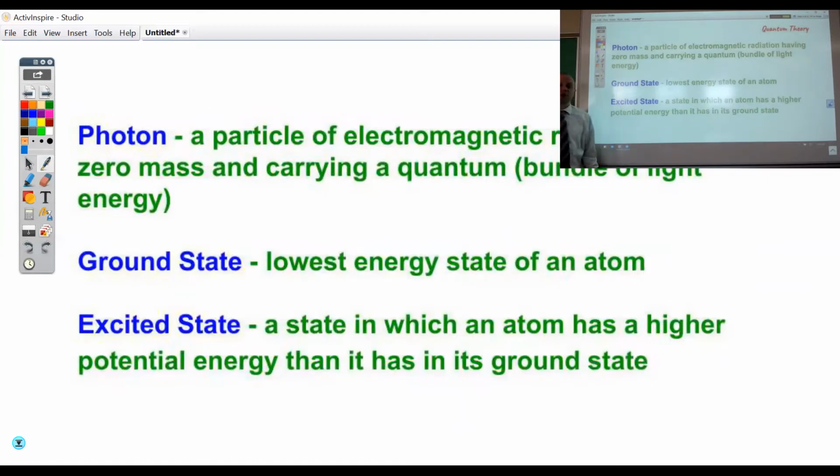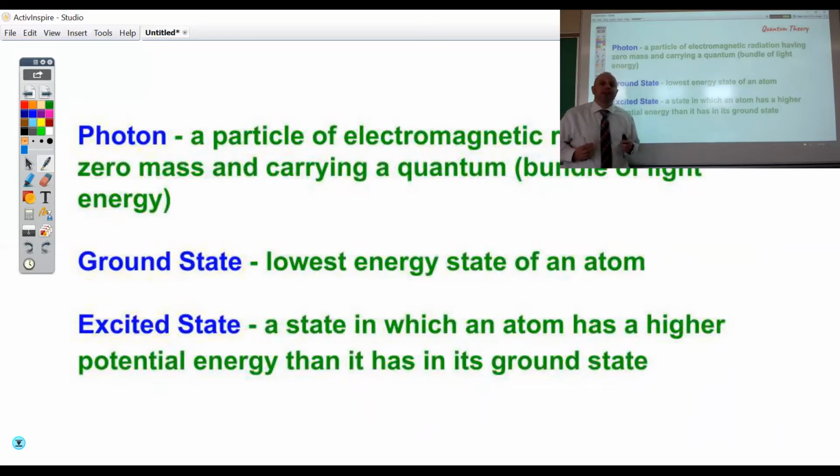Next, there are two terms that we need to be familiar with. The first one is photon. So a photon is basically a bundle. It's a particle of electromagnetic radiation having no mass and carrying a bundle of light energy, also known as a quantum. The second term that we need to know is ground state. And this is the lowest energy state of an atom.